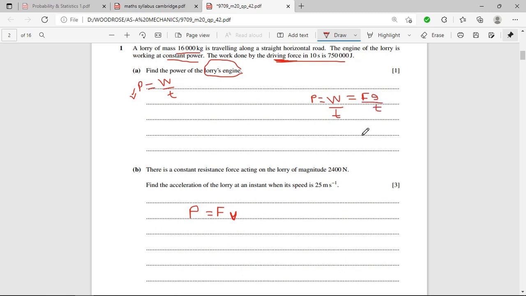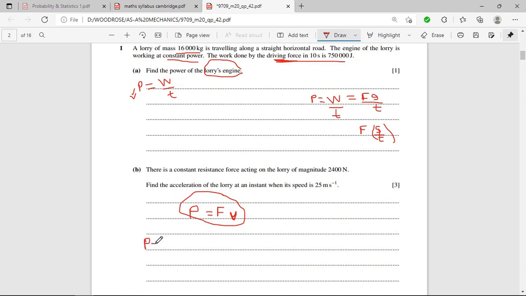If I separate s over t, we come up with a variable: displacement over time is velocity. So power is the same as force times velocity. You must know this formula.